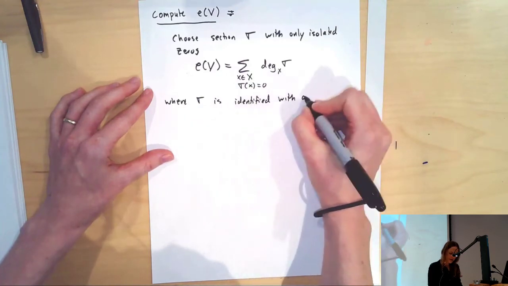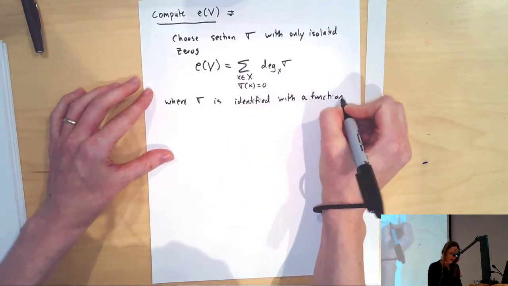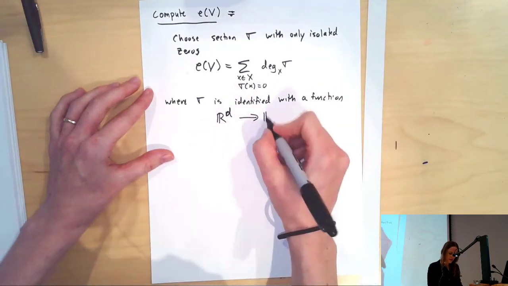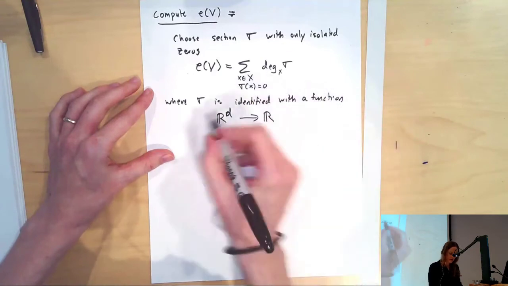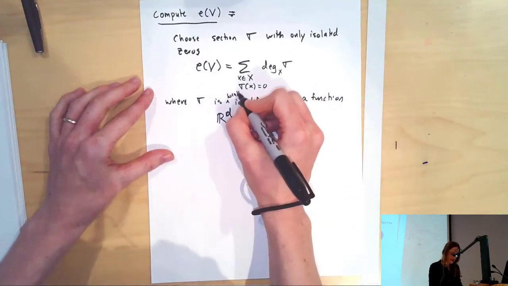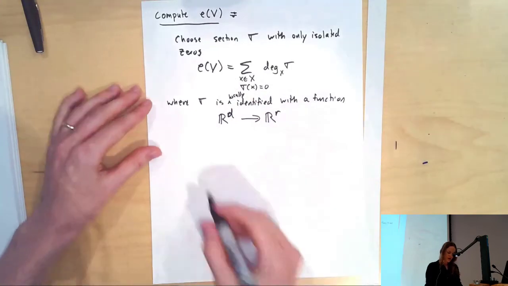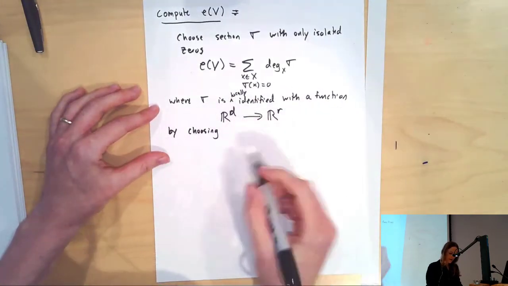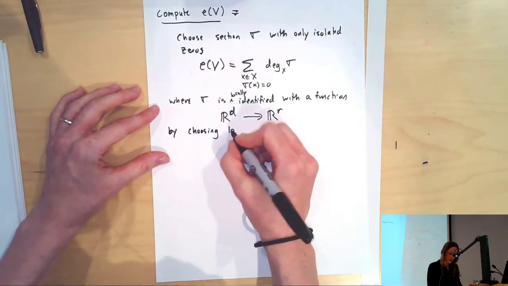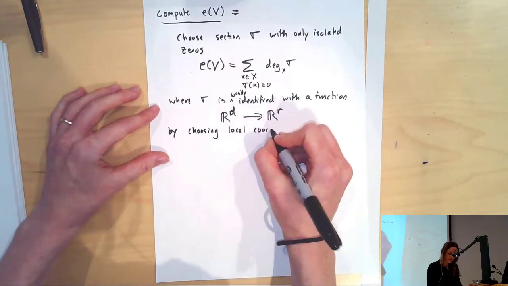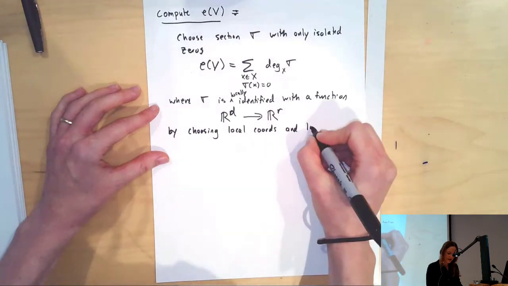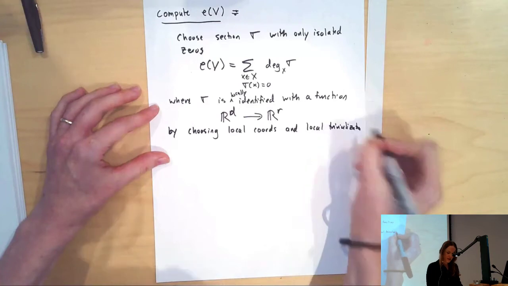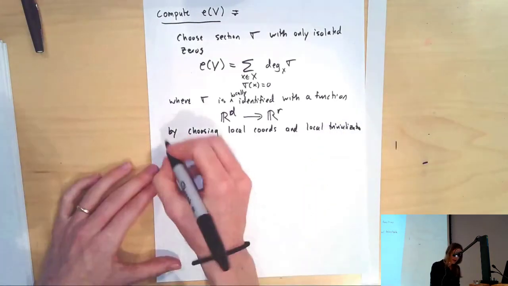So this is the local degree, where sigma is identified with a function from the manifold locally to R^R by choosing local coordinates and a local trivialization compatible with the orientations.